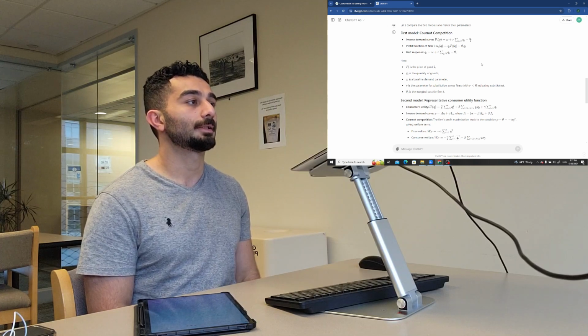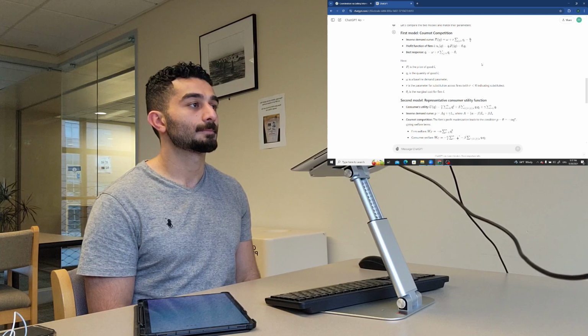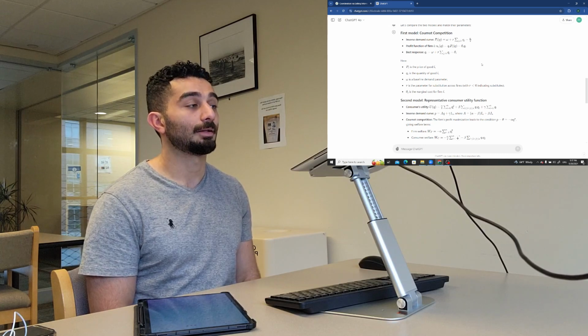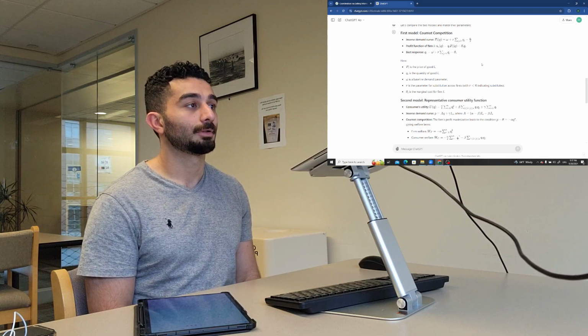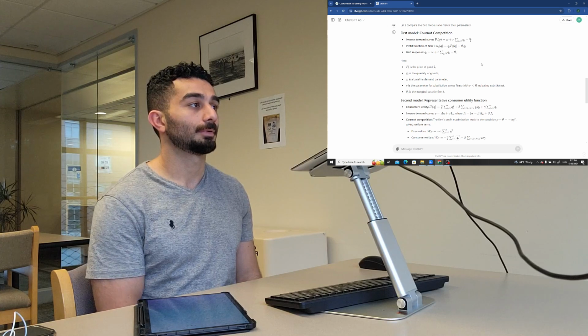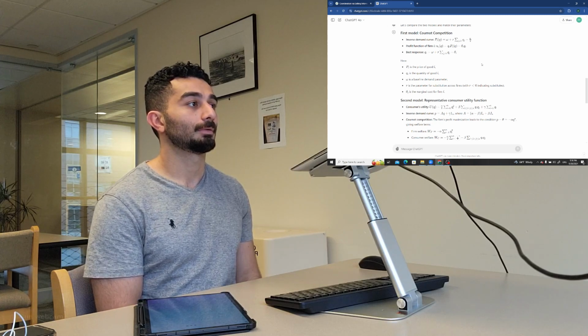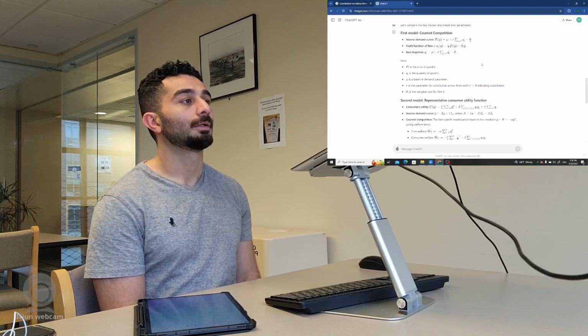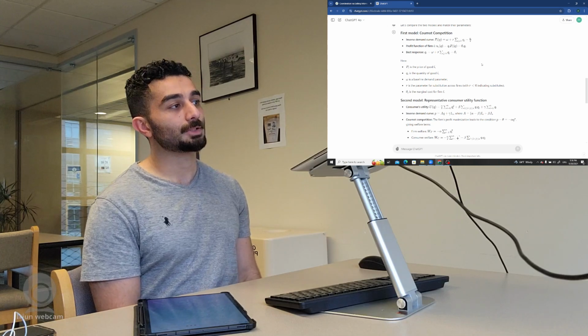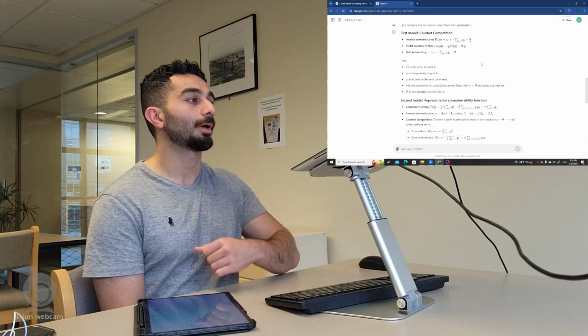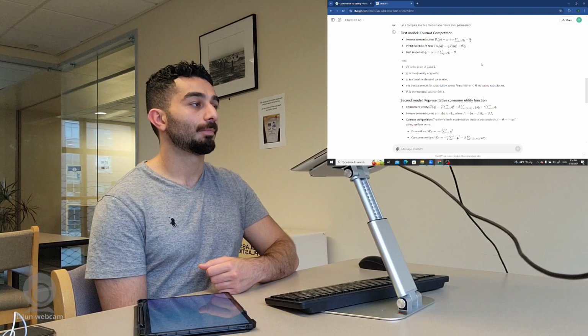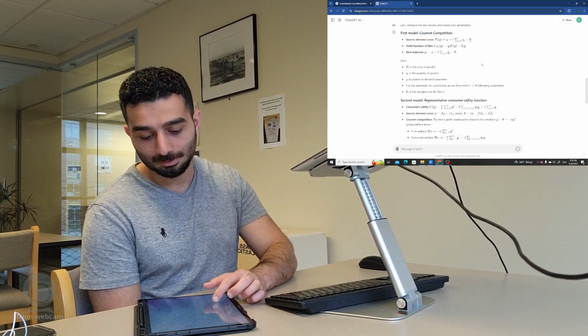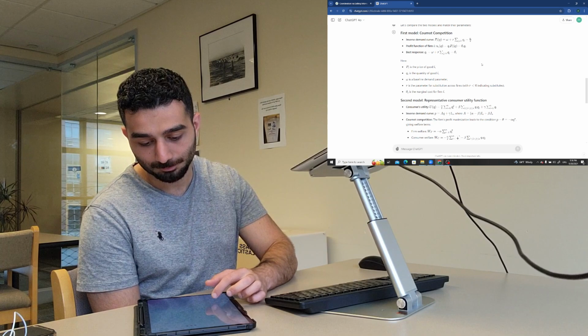Second model representative consumer's utility function is this, which should be concave, and alpha is negative for sure. Beta, exactly. The firm's profit maximization leads to the condition P minus theta minus alpha Q star. That's from the firm's point of view.